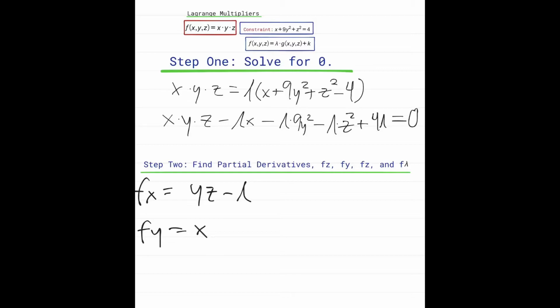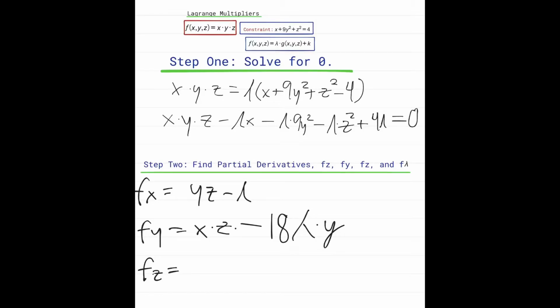Then for partial y, we are left with x times z, and then we have a y term. Everything that doesn't have y is a constant, so the derivative of those is 0, but we have the minus lambda times 9y squared, so we're left with minus 18 lambda times y.